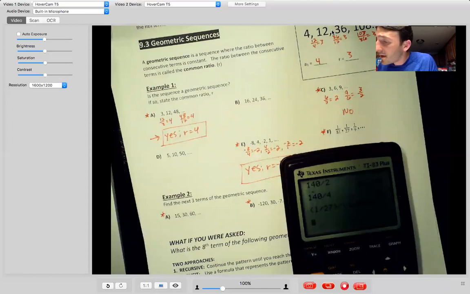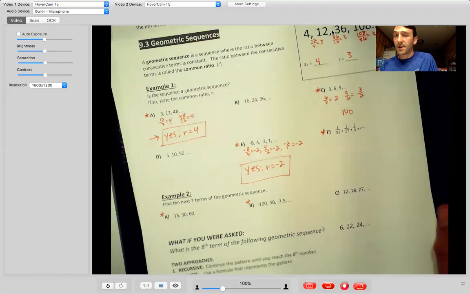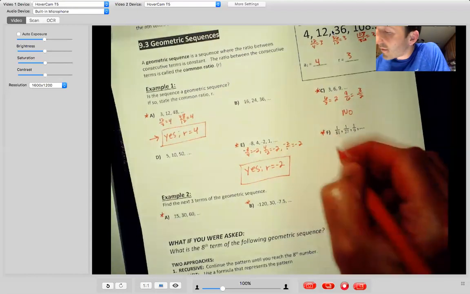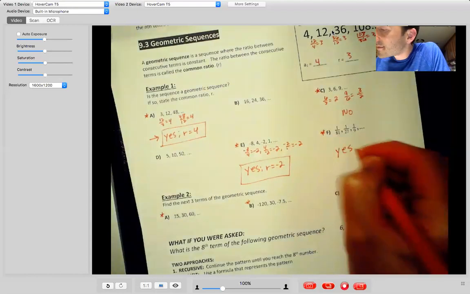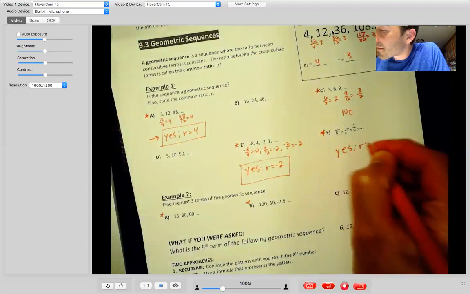It's going to be 3. And then we would do 1 over 9 divided by 1 over 27. And that's going to be 3. I'm not going to write that out because I just showed it, but we will say yes, where R equals 3.